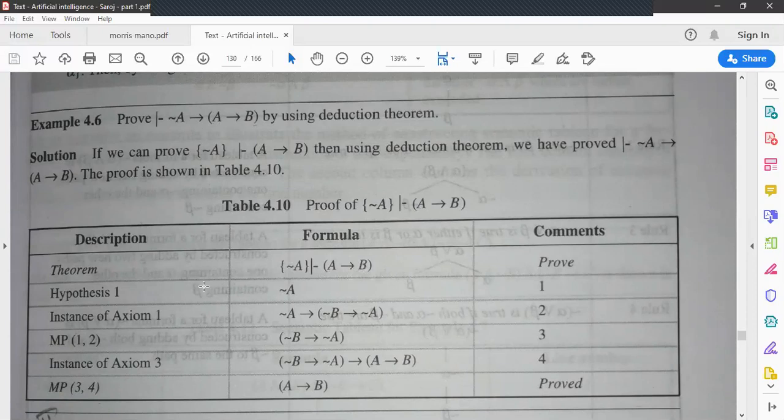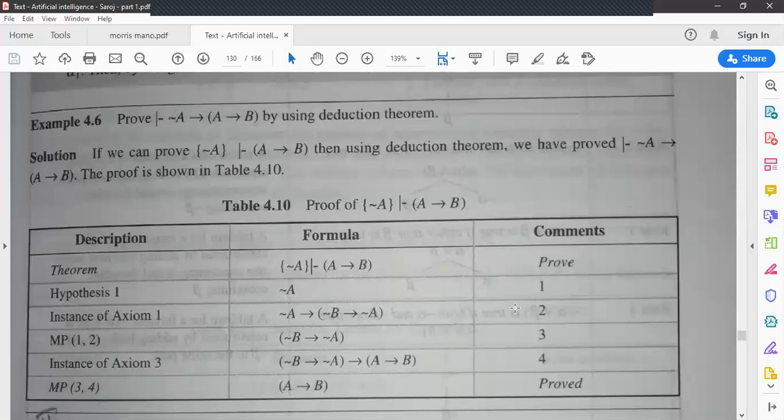To prove this, what we are doing, we are considering this not A to be hypothesis, to be the true statement, and then you are applying here axiom 1, and then you are putting modus ponens on line number 1 and 2.